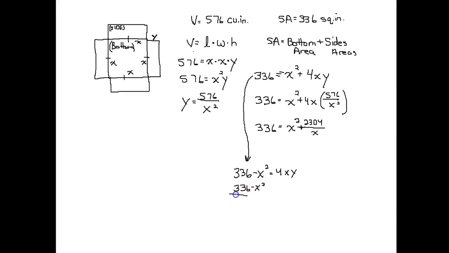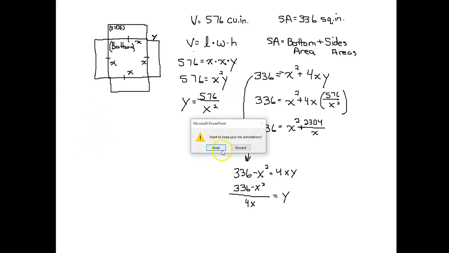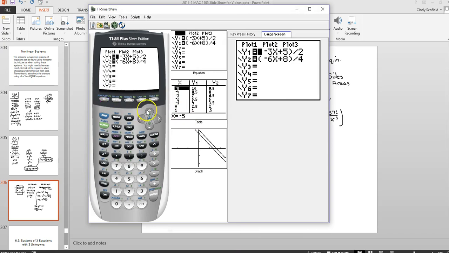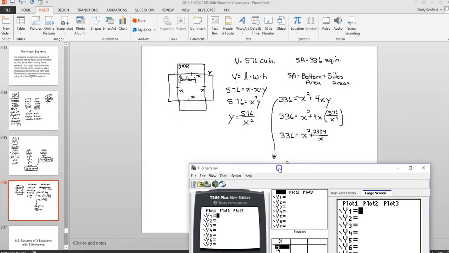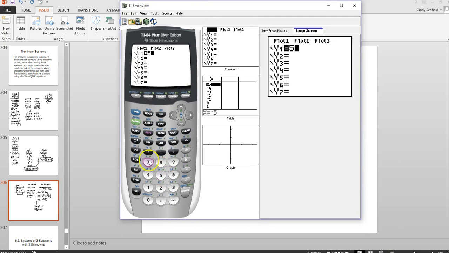All right, I'm going to put those into the calculator and see where they intersect each other. All right, so y sub 1, we're putting in 576 divided by x squared.